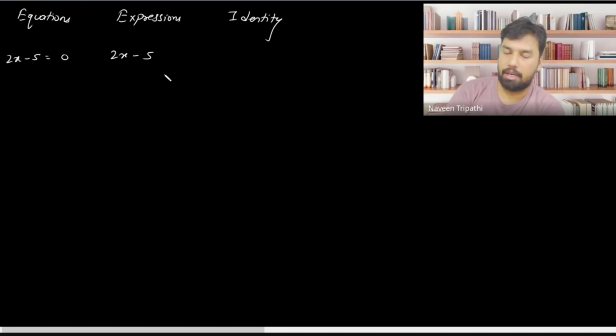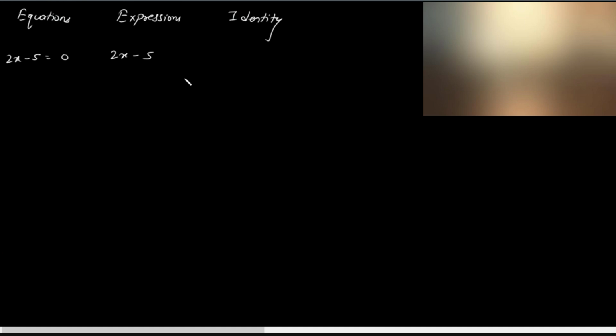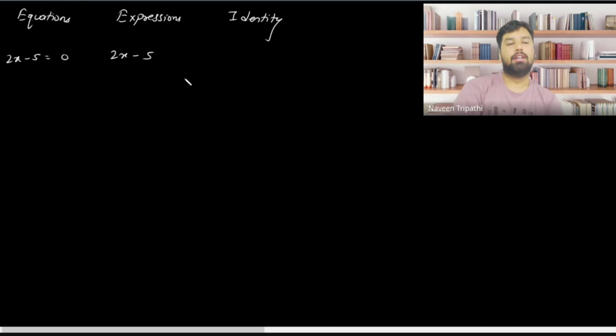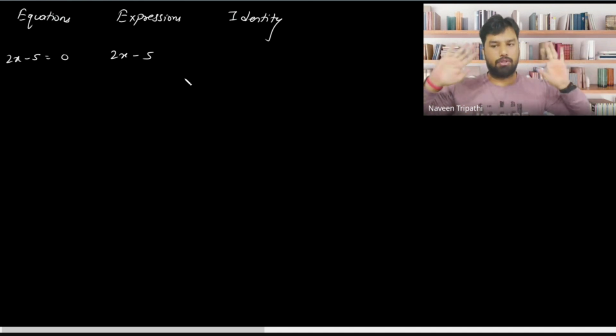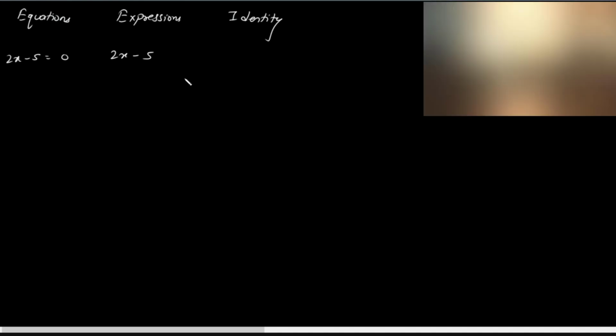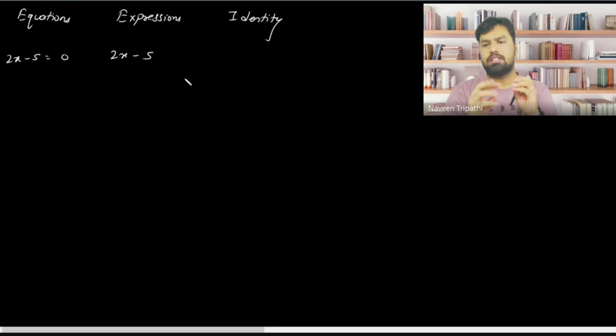Perfect. What about identity then? All right, let's see. Well, you're right. An equation definitely has an equal to sign, and it has two expressions on two different sides of the equal to sign, right? What is an expression? It is basically some terms clipped together as a set.